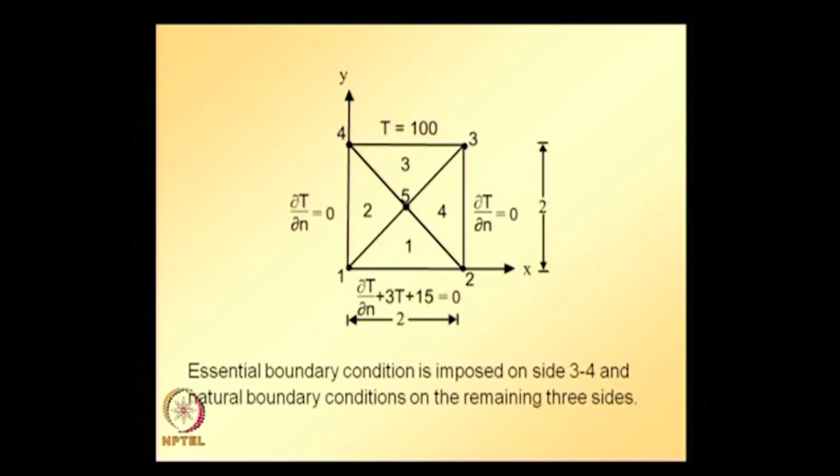Looking at the boundary conditions, we can easily figure out which is the essential boundary condition and which is the natural boundary condition. The essential boundary condition is imposed on side 3 4, along the edge connecting nodes 3 and 4, and natural boundary conditions are specified along edges 1 2, 2 3 and 4 1, the remaining 3 sides.